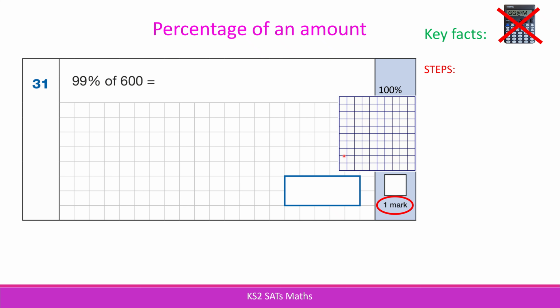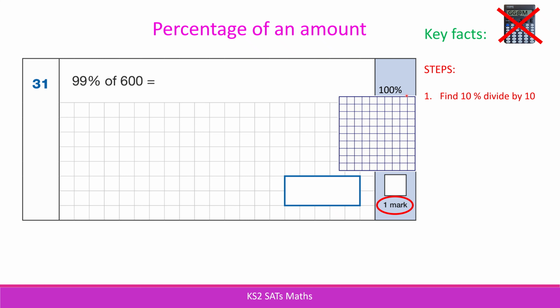So often when we start off working things out, we work out 10%, which is basically 10 of these squares, which is one strip. So to find 10%, we're going to divide by 10 because the whole amount here, 100, to find 10%, we're going to divide it by 10, which gives me one strip. Now this question wants us to work out 99%, which is basically 99 little squares.